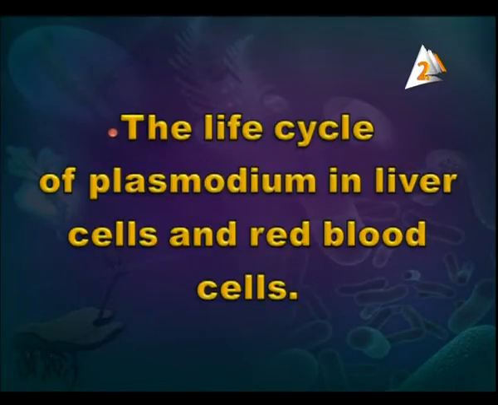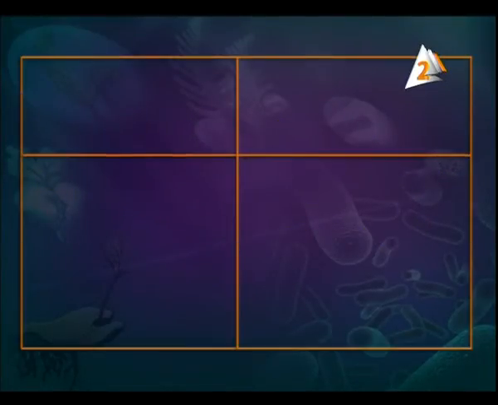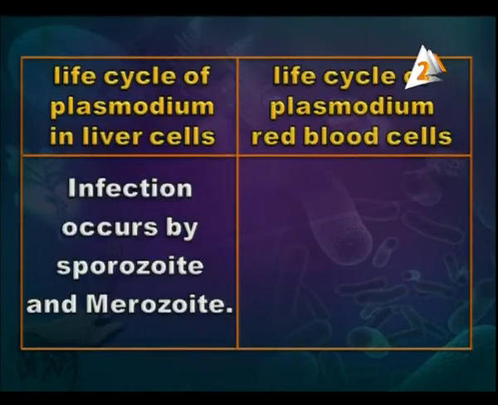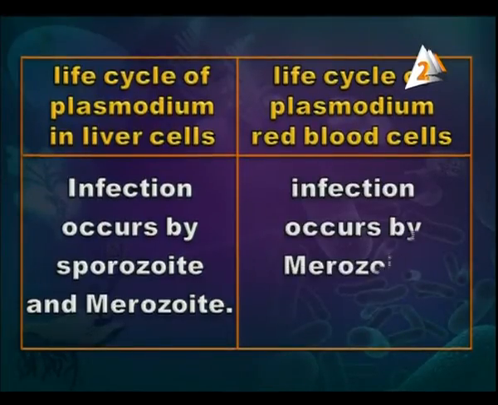The life cycle of Plasmodium in liver cells begins by infection which occurs by sporozoites, while in red blood cells, infection occurs by merozoites.